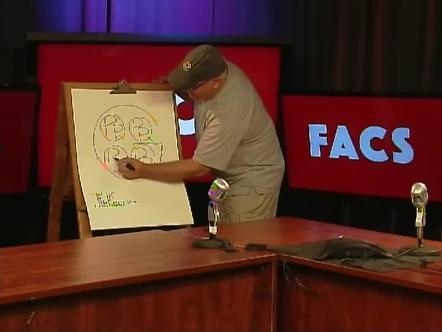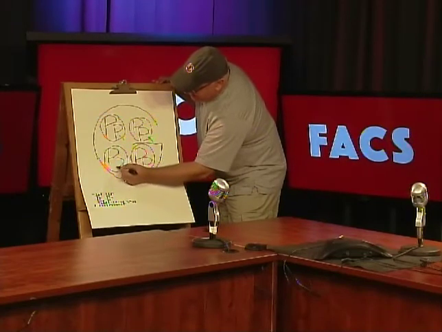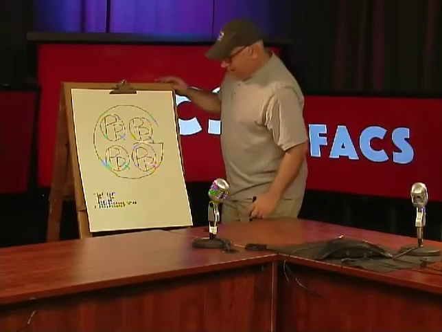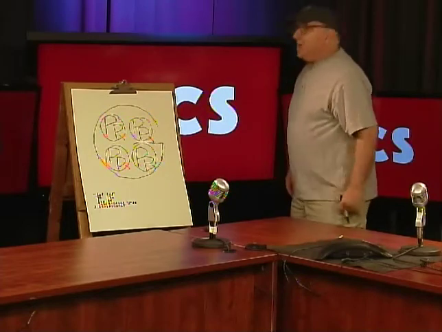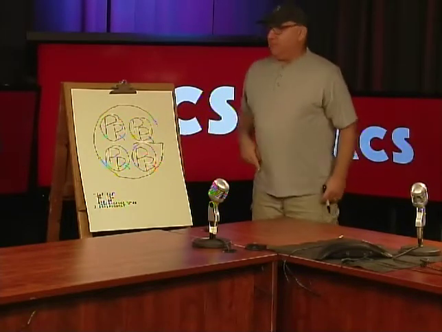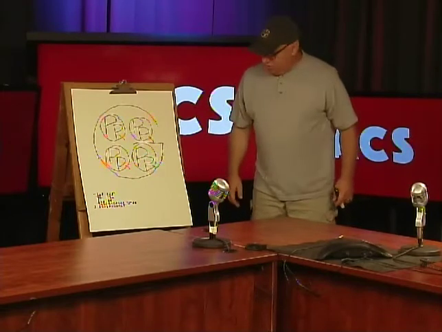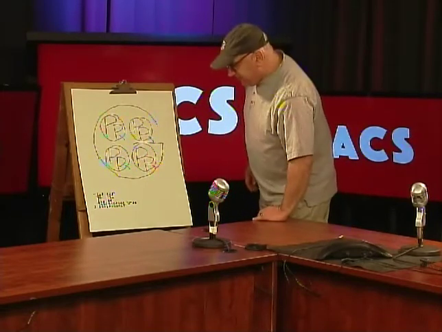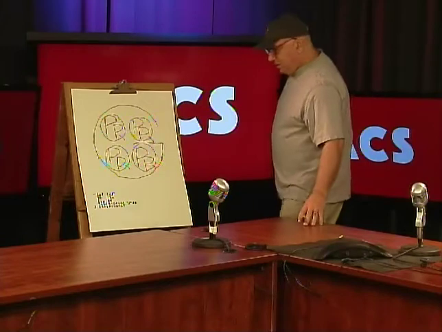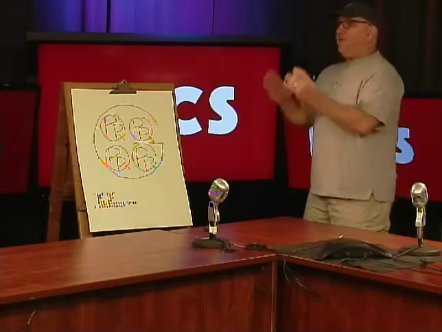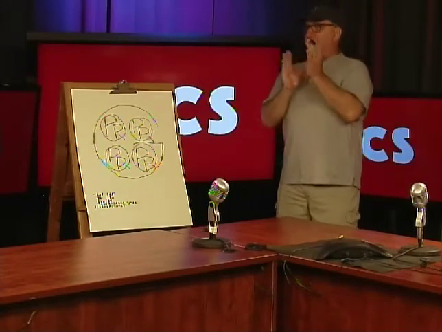Woo, baby. That's a lot of math, but I think we can do it. 16 ounces in a pint. Do we agree with that? Is that true? You are correct. Very good.